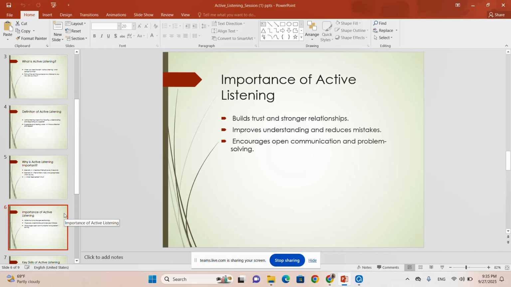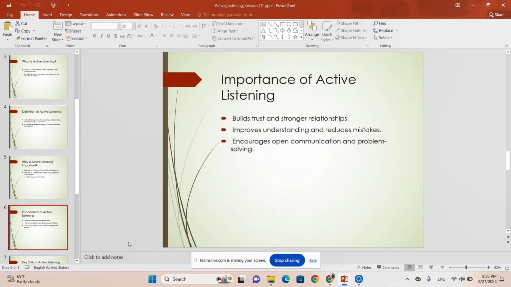Number one, it builds trust and stronger relationships. Number two, it improves understanding and reduces mistakes. Number three, it encourages open communication and problem solving. These benefits can be applied in schools, at work, or even in your personal life.